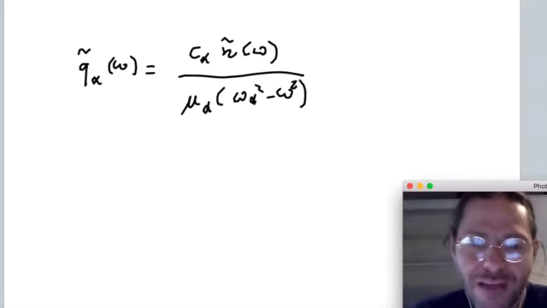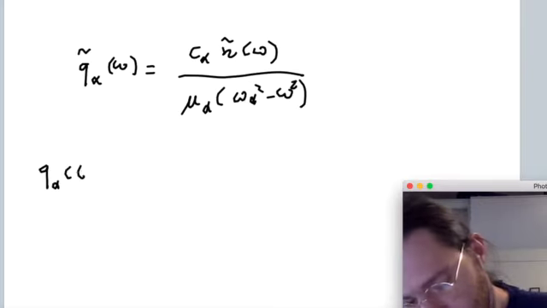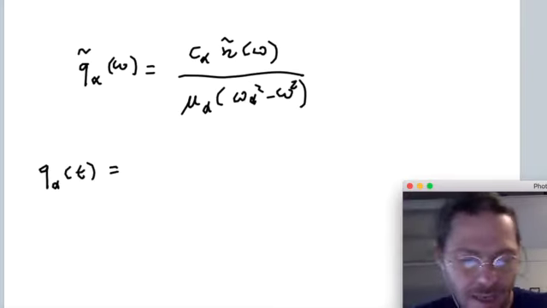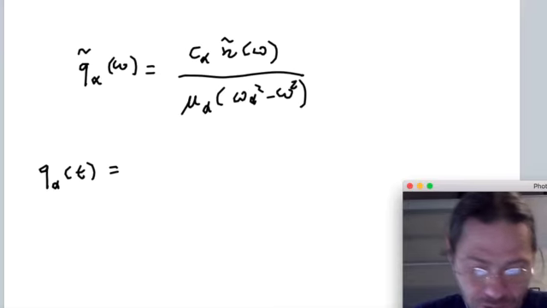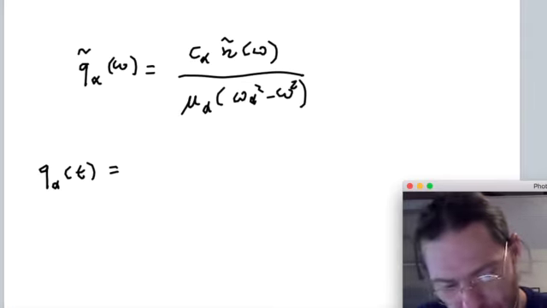Now I have the Fourier transform. I can go back and evaluate the position, the solution in time representation simply by anti-Fourier transform. So I can write the following expression.